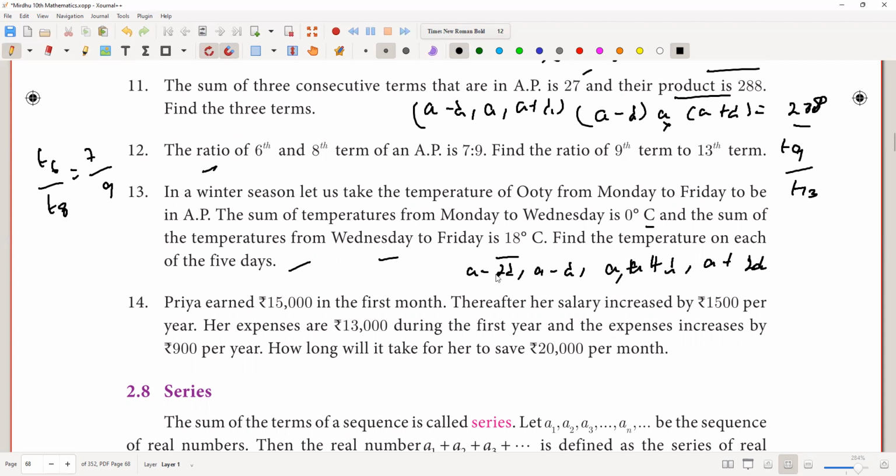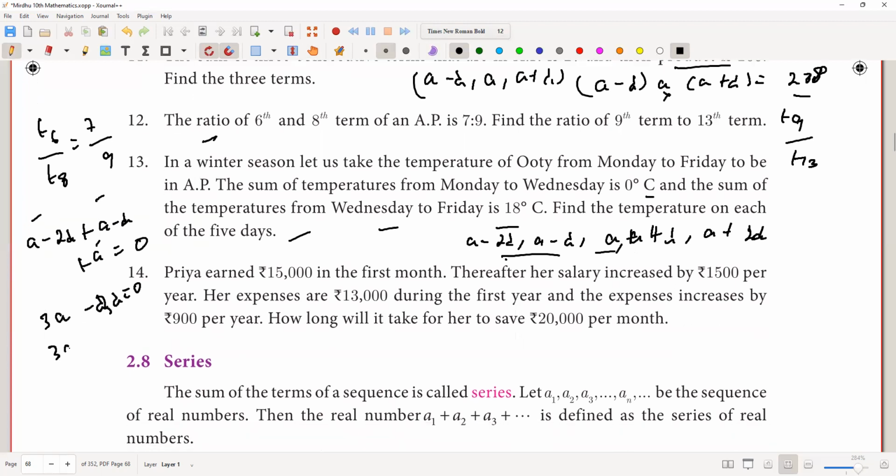So we can consider these 3 first. It becomes A minus 2D plus A minus D plus A equal to 0. So 3A minus 3D equal to 0.